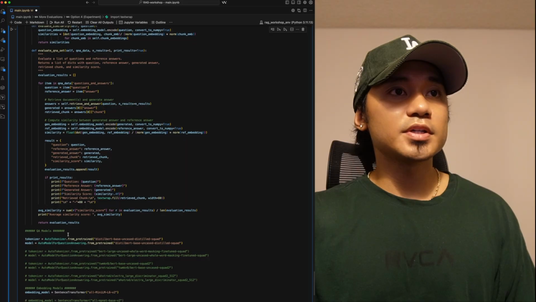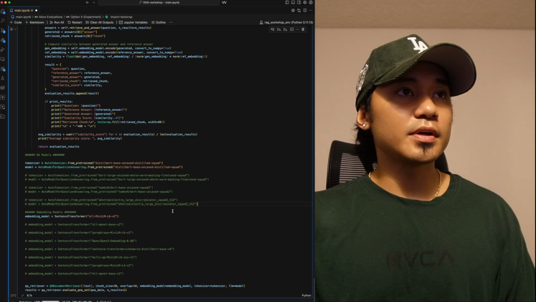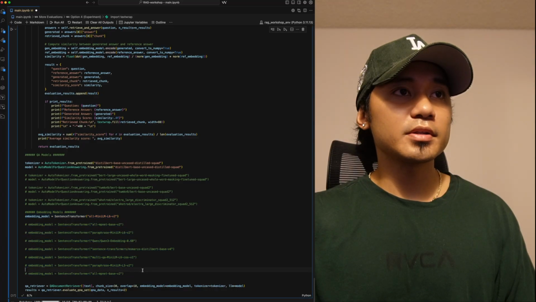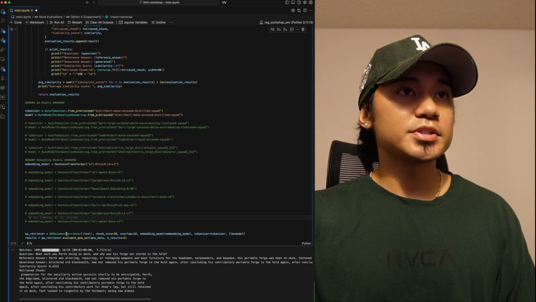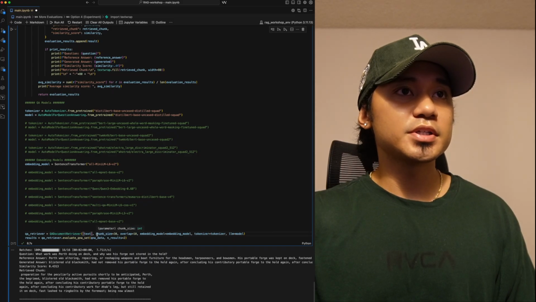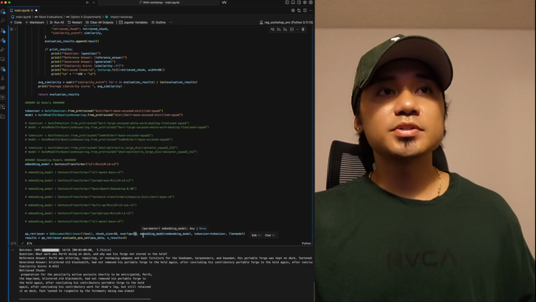You can also test out different question answering models here, and I also put in some embedding models so you can see which embedding models are performing better. The parameters for this class let you change the chunk sizes and define the overlap to see how that affects the answers of the model.